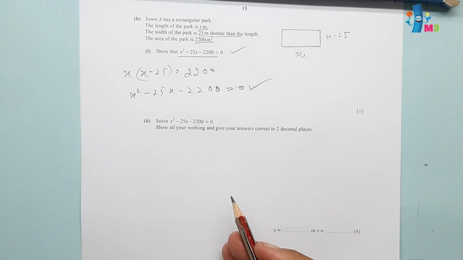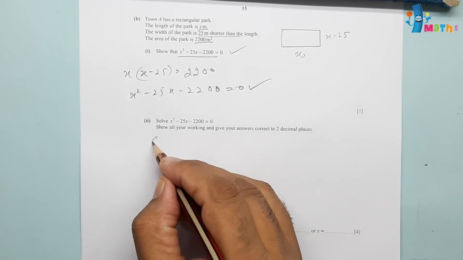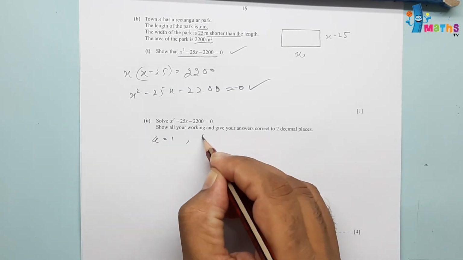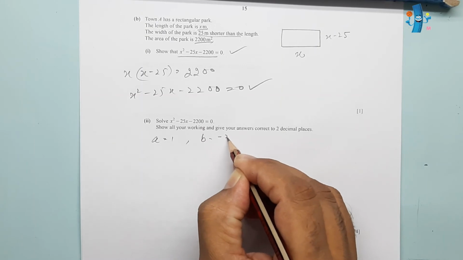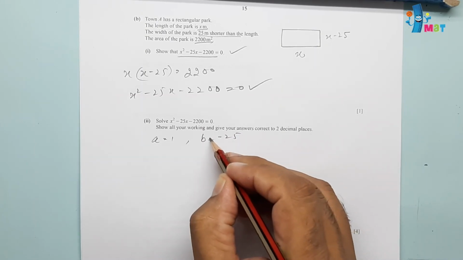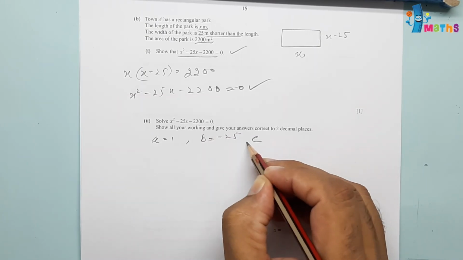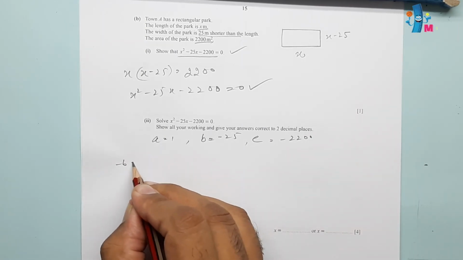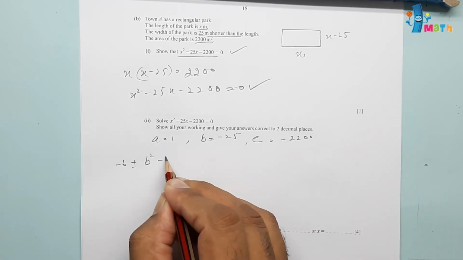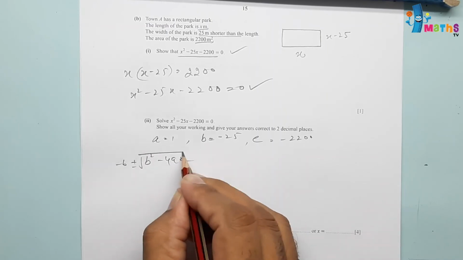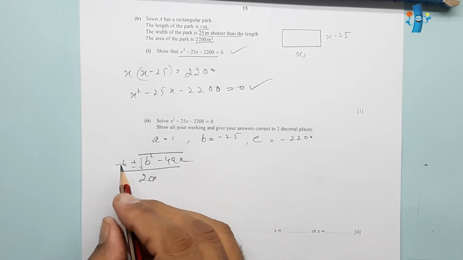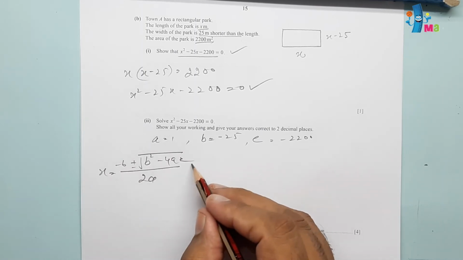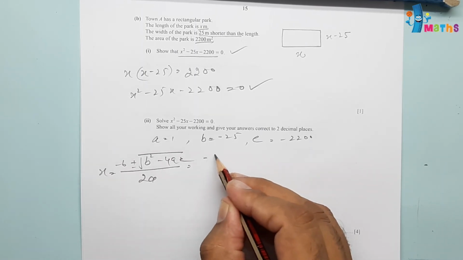Solve this equation. To solve this equation, we have a value which is 1, b value which is minus 25. I'll be applying the quadratic formula, and c value is equal to minus 2200. x equals minus b plus minus square root of b squared minus 4ac over 2a. This will be for the value of x, and we can replace values in brackets.